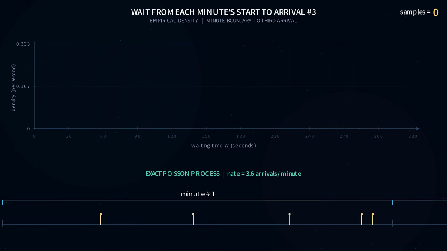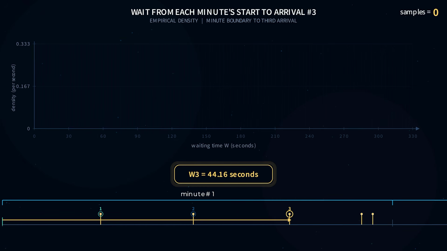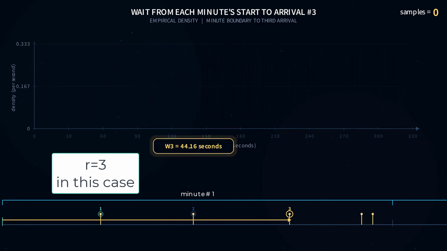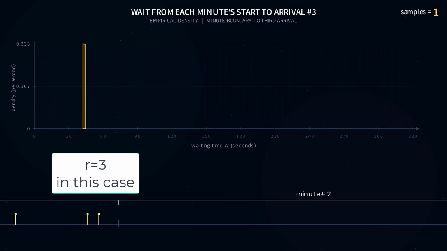And finally, what if we were interested not in the time until the first arrival, but in the time until the rth arrival? What distribution would this random variable have?